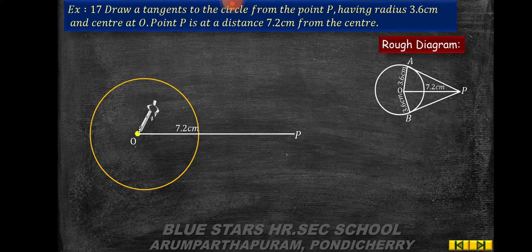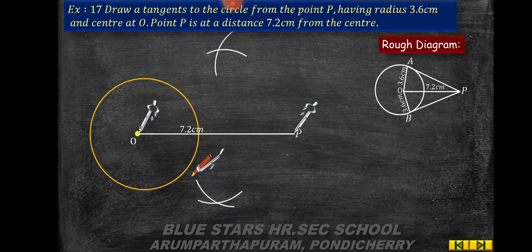Now next step, we are going to draw the perpendicular bisector. So you just take more than half of the measurement. So taking more than half of the measurement, we draw the perpendicular bisector. Similarly from the point P also you have to draw two respective arcs.